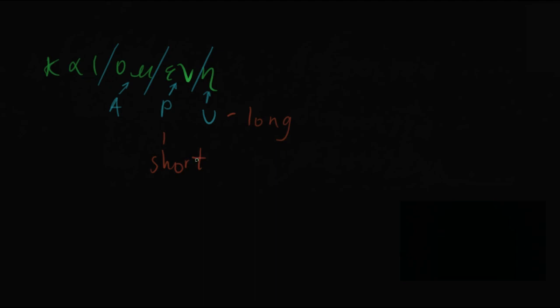So if you remember that one rule, if you have a long ultima and a short penult, you can only have an acute accent here. So that's one possibility. Let's look at another possibility. So let's write the word out again. Now you can't put an acute here.